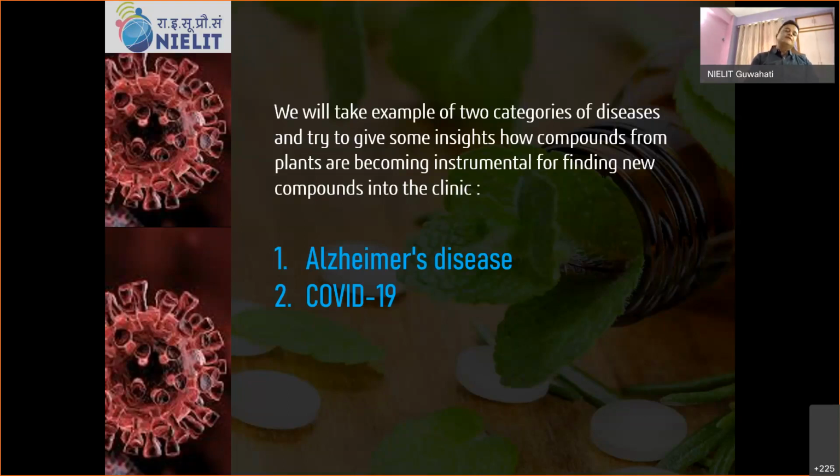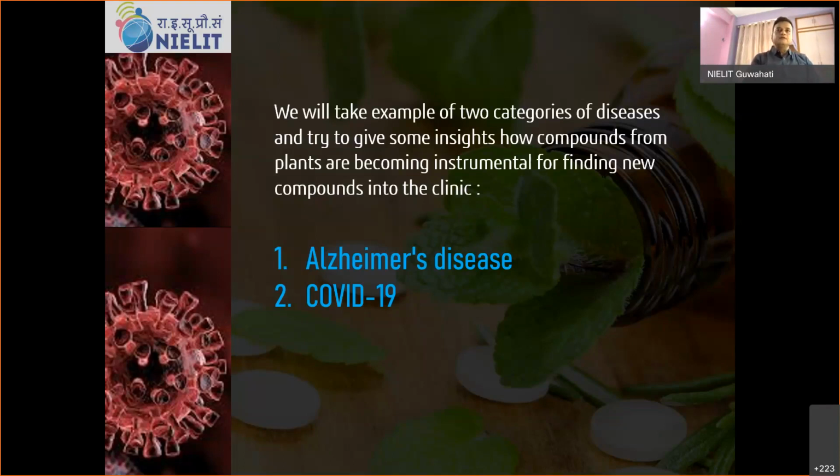Otherwise, we can depend on databases like Dr. Duke's phytochemical database and the PubChem compound database to get the compounds identified for a particular selected plant species. But please don't expect that all the plant species will be available in those databases.